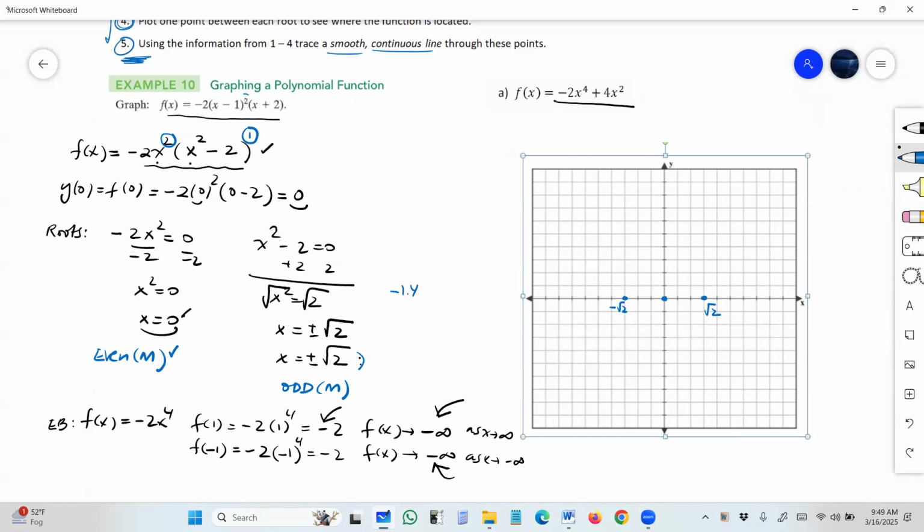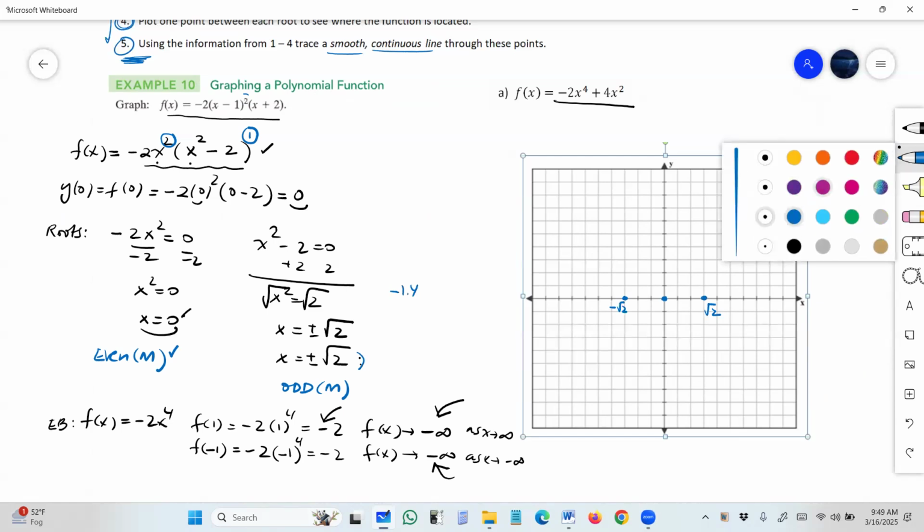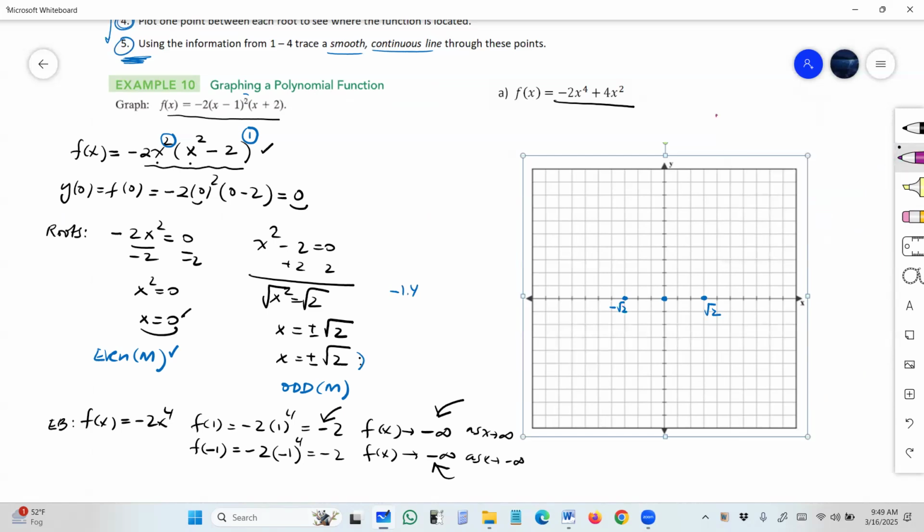Now let's do the end behavior. In both cases, let's do this so that we can see where we are. I'm going to put an invisible dashed line here because the end behavior again is after the dashed line. So the end behavior is bigger than the largest root and smaller than the smallest root.